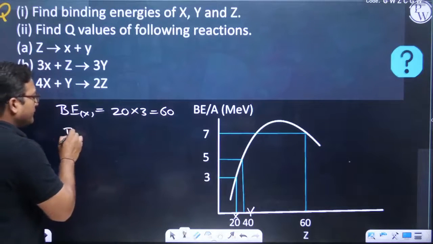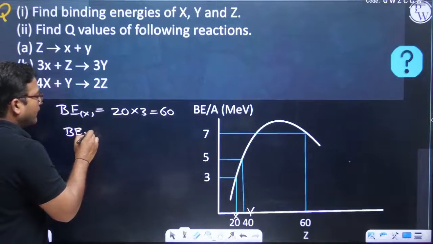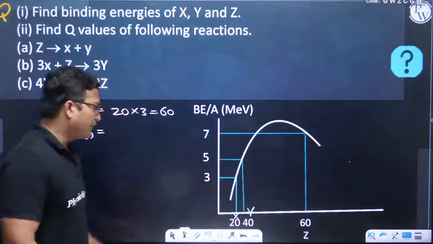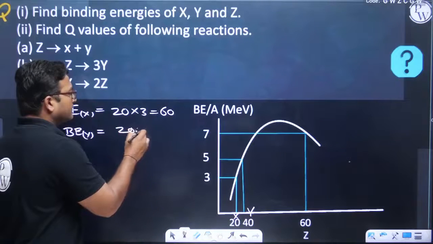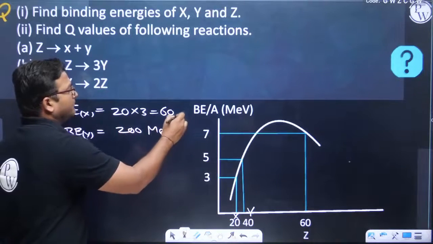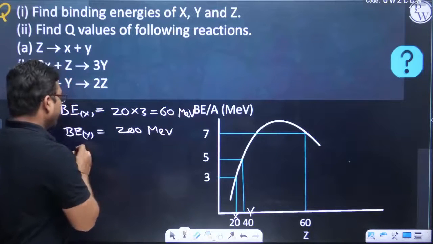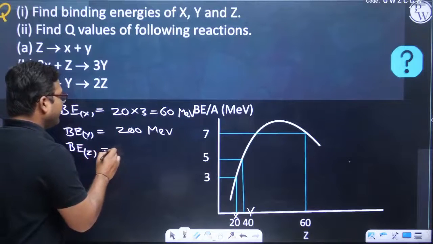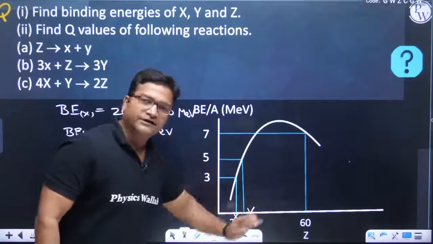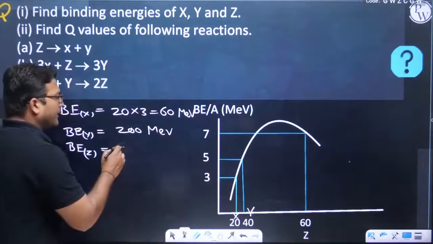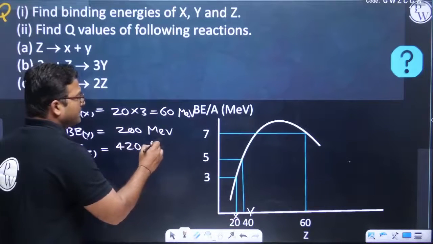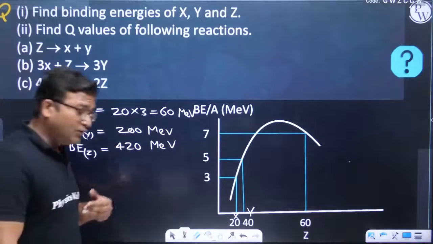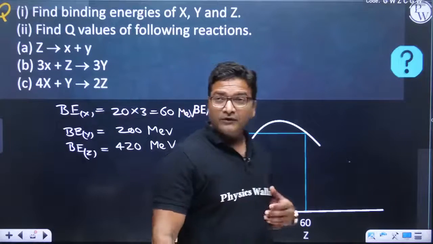Binding energy for Y is obviously 5 times 40, and 5 times 40 is 200 million electron volt, and binding energy for Z is definitely 7 times 60, and 7 times 60 is 420 million electron volt. Now they are asking us what is the Q value of the following reactions.